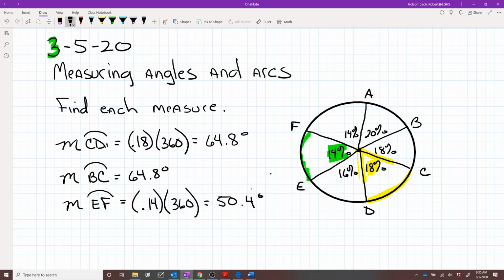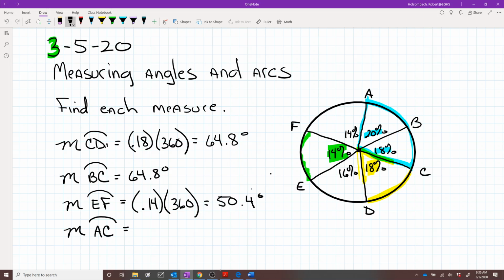And then let's do the measure of arc AC. Alright, the measure of arc AC. That's starting at A and going directly to C. So look, it's a little bigger portion of this circle. And in this case, you would have to combine your 20 and your 18%.